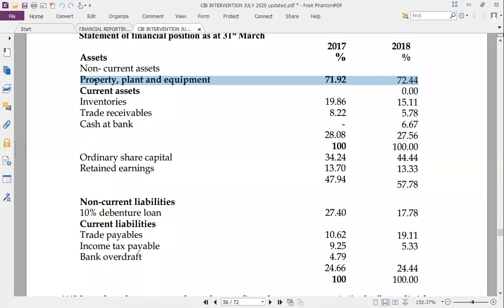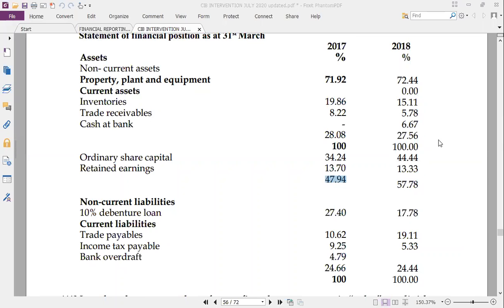Good. That is it. Now, when you go to ordinary share, just pick the total. Tell the examiner that 47.94% of the asset is being financed by equity, with the remaining being financed by debt.